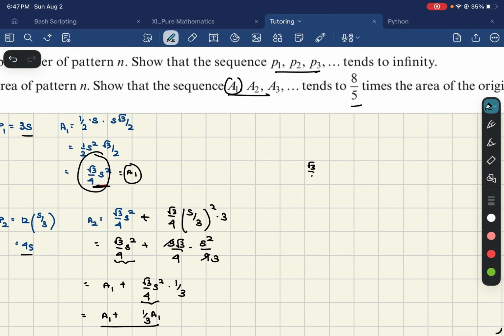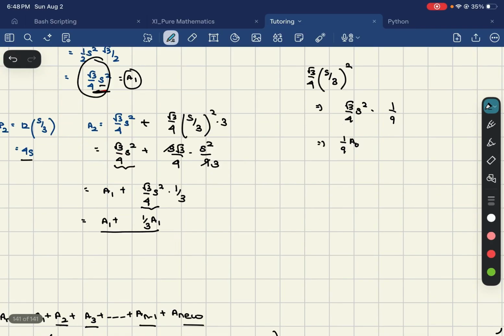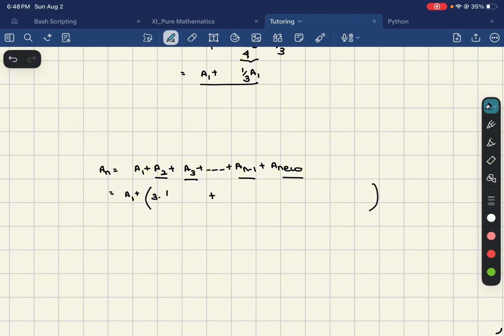It's going to be root 3 over 4, and instead of S, we have S over 3, because that is the side length squared. I can rewrite this as root 3 over 4 S squared times 1 over 9, and this is going to be 1 over 9 A0. So 3 times 1 over 9 A0.